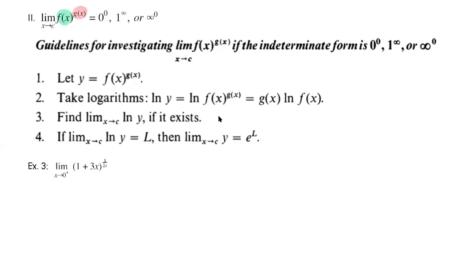All right. So if we take a look at example number 3, let's identify our f of x, which is going to be this 1 plus 3x. And then our g of x is 1 over 2x, right? So before we do anything, let's confirm that this is indeed one of the indeterminate forms above, 0 to the 0, 1 to the infinity, or infinity to the 0.